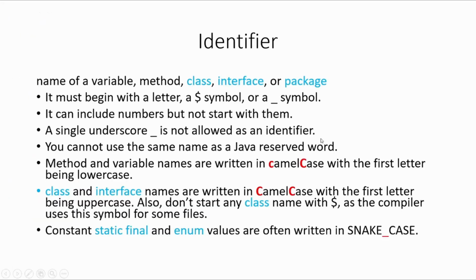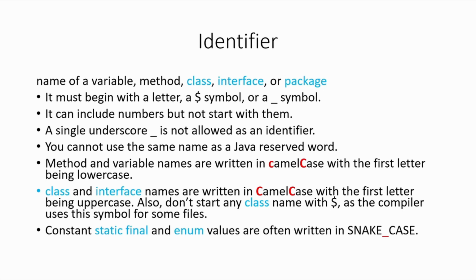Okay. We talk about identifiers a lot. What is the meaning of identifier? An identifier is the name of a variable, as you have seen so far, like int i. Method, like the main method, is an identifier. Class, as I define the primitive class, is an identifier.